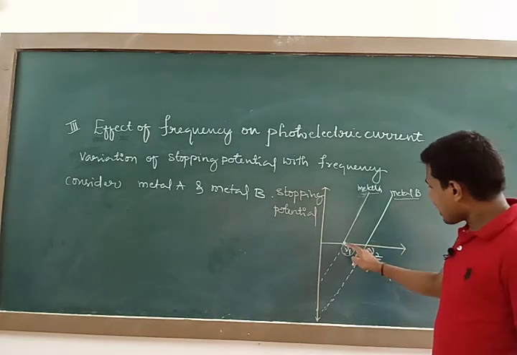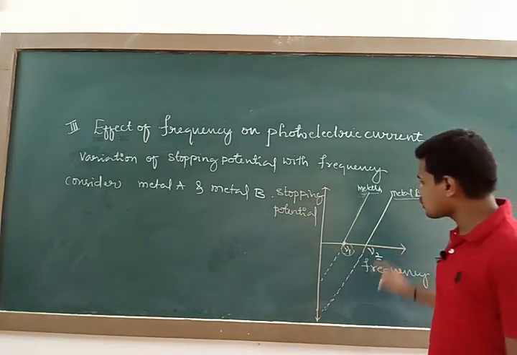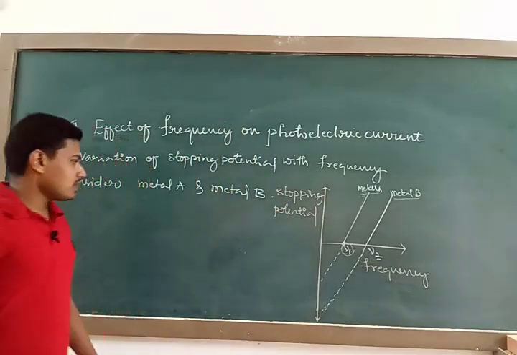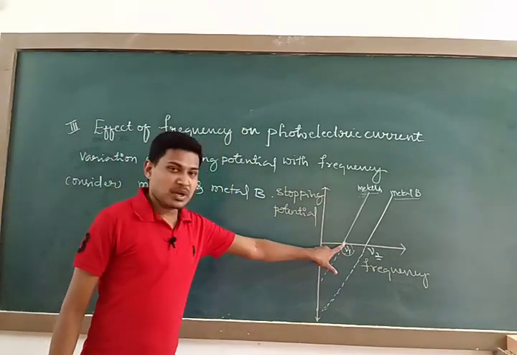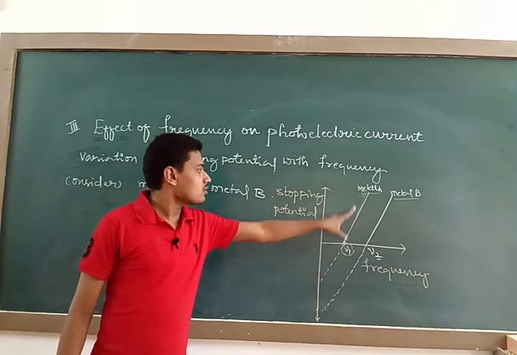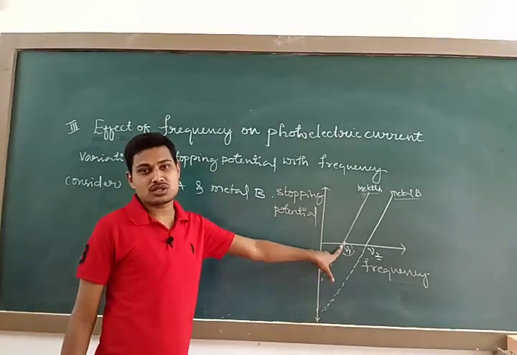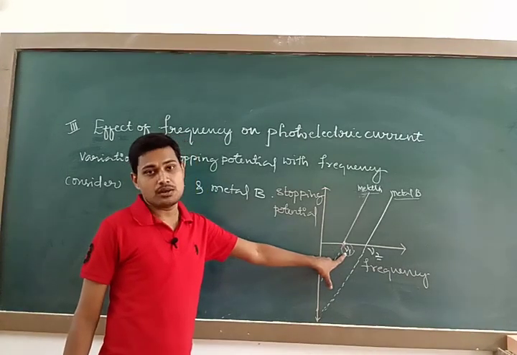And remember, as the frequency increases, the stopping potential also increases. For a given metallic surface, emission of electrons takes place from a particular frequency, and that frequency is nu1.